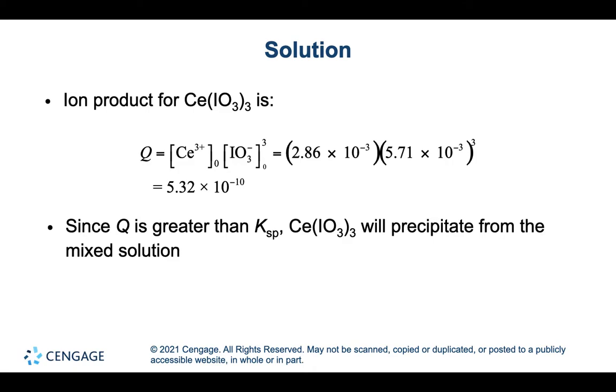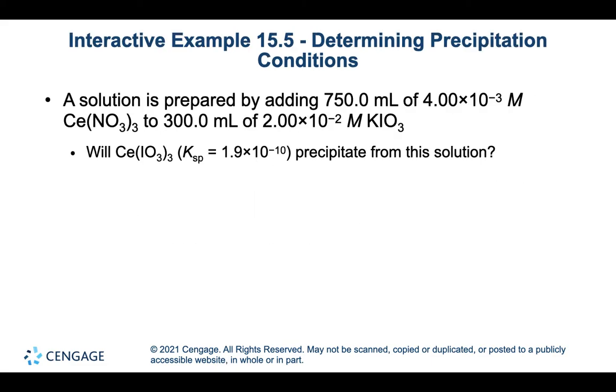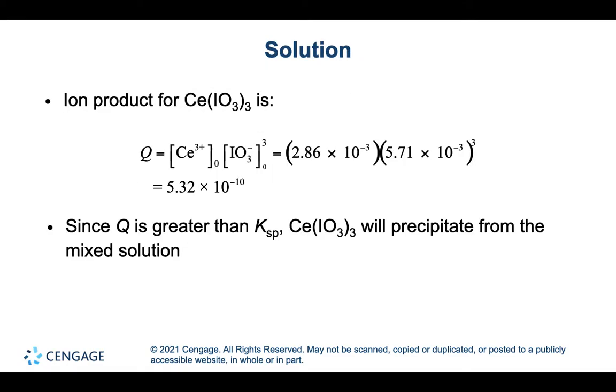So this calculates on our calculators to be 2.86 times 10 minus 3 times 5.71 times 10 minus 3 quantity squared, and that comes out to 5.32 times 10 to the minus 10. Now comparing that to the KSP, which was only 1.9 times 10 to the minus 10, it appears that we are going to be higher than the K value, which means these ions have too high of a concentration to equal KSP.